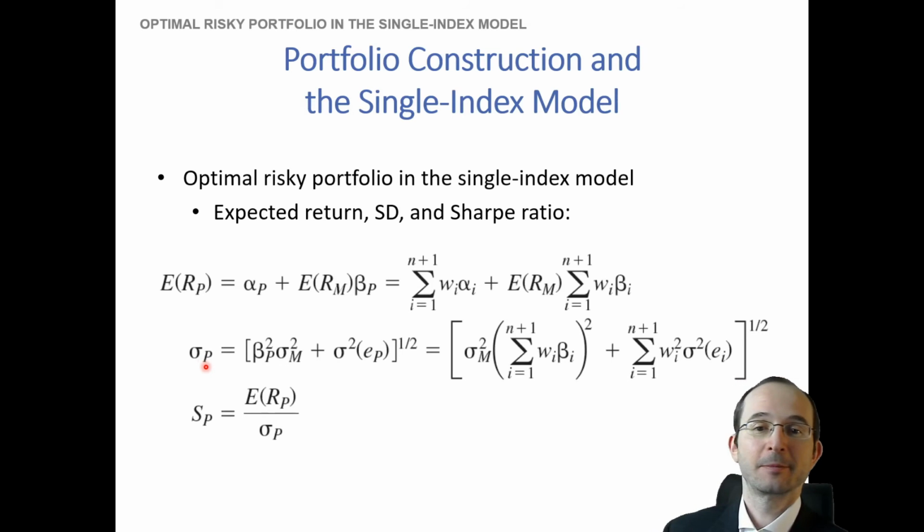Instead of doing that in the portfolio theory way, all we really need to do is just say, well, the standard deviation of the portfolio is the square root of the variance.